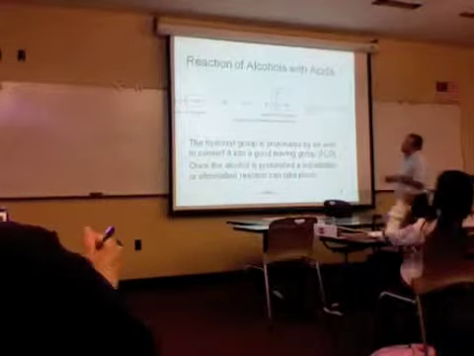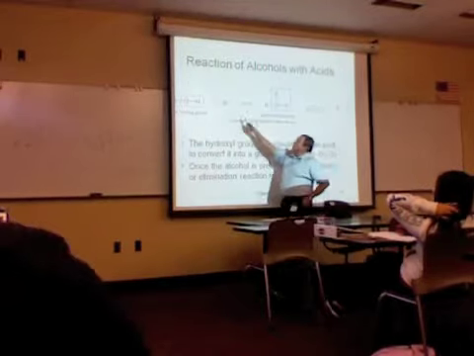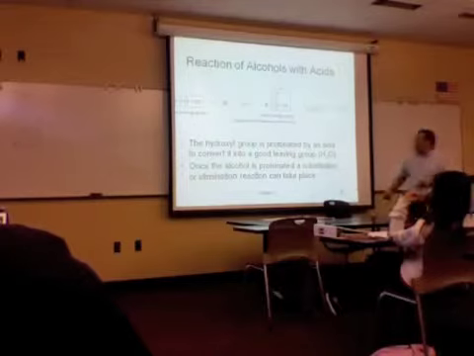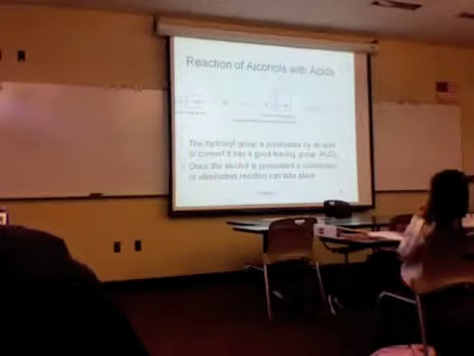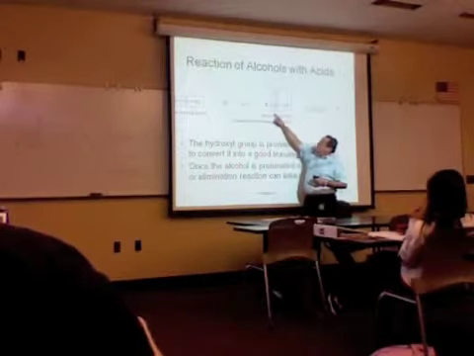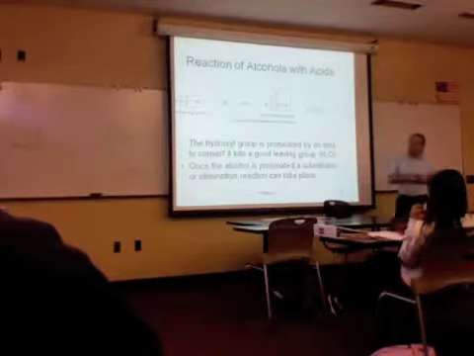If I have an alcohol and I protonate it with an acid, I get this protonated form that's a good leaving group. And then by nucleophilic attack on this carbon here, I can create the substituted form.